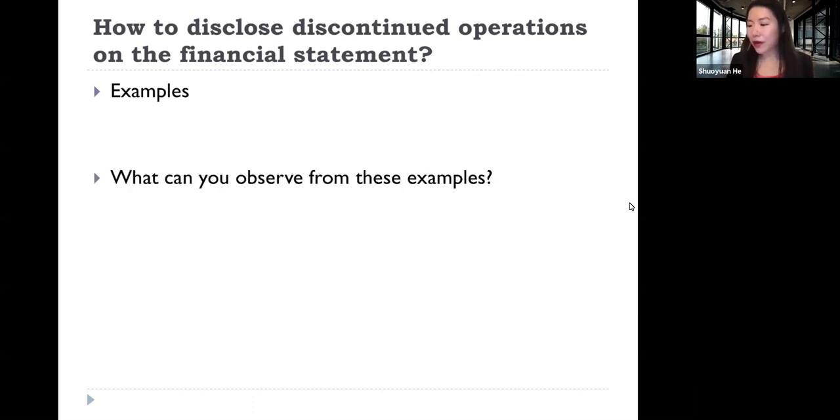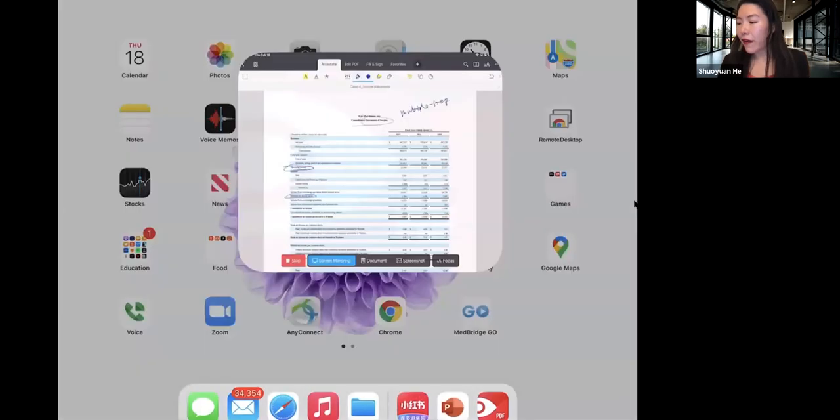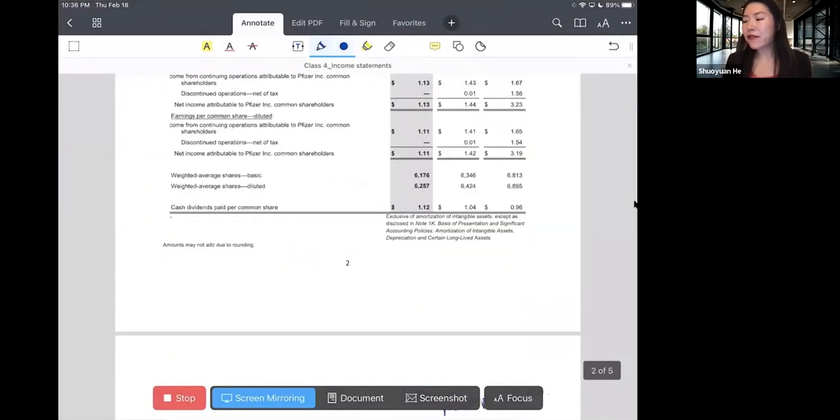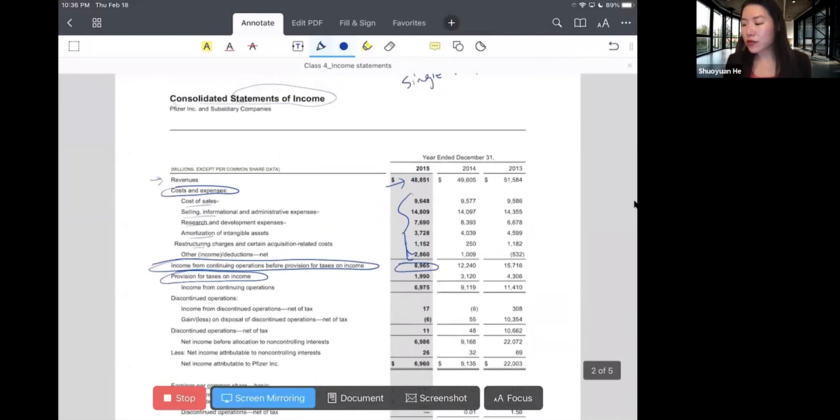So examples are, let's refer to the handouts. Let's look at the five firms' income statements. Please take 1 minute and go through those income statements.